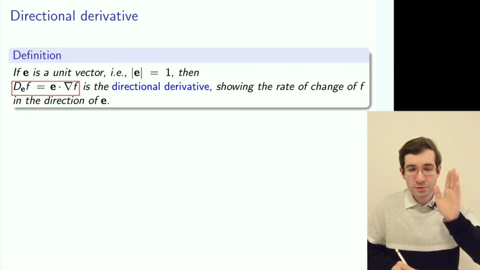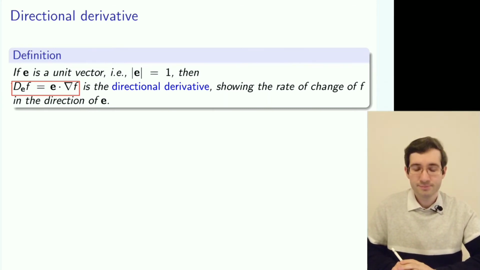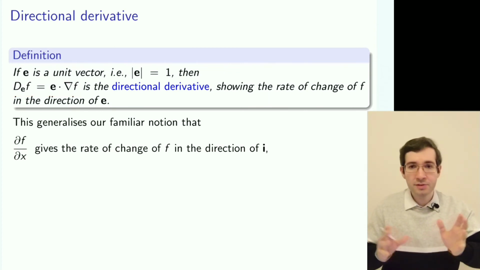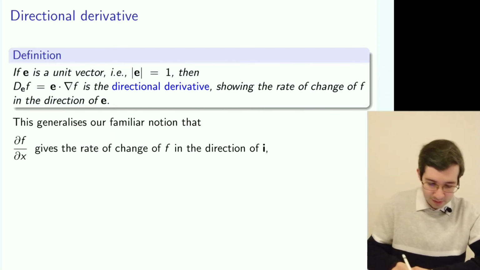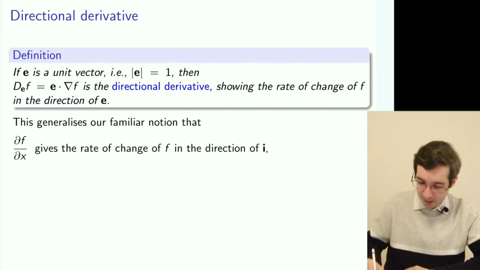So we take this unit vector and we multiply it by the gradient in a scalar product way. And this is just a generalization of what we used to in one dimension. So if we have df dx, it is a rate of change in the direction of x.